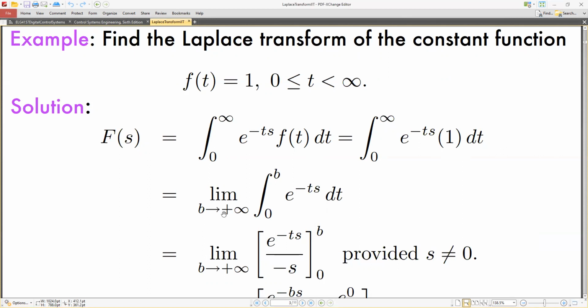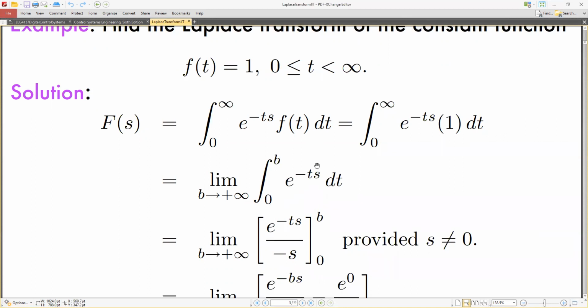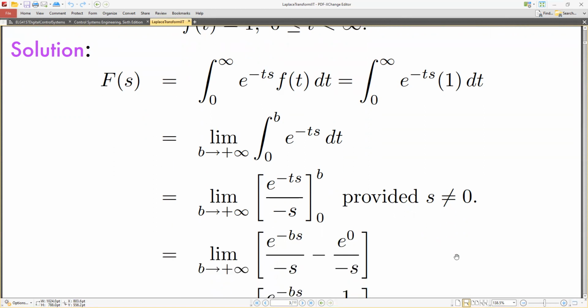We can write the limit as b tends to positive infinity, so integrating from 0 to b. The integral of e to the power minus ts would be e to the power minus ts divided by minus s, where s is not equal to 0.